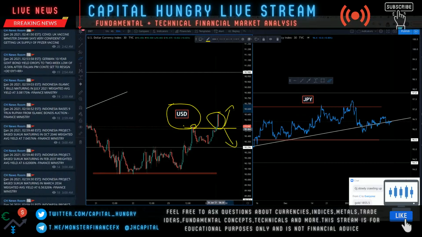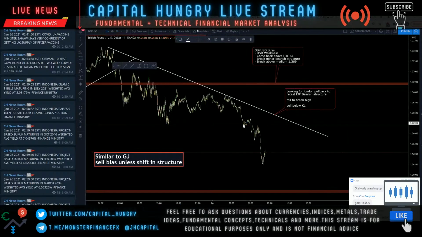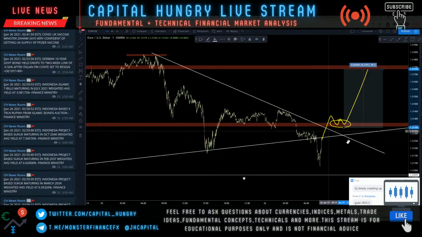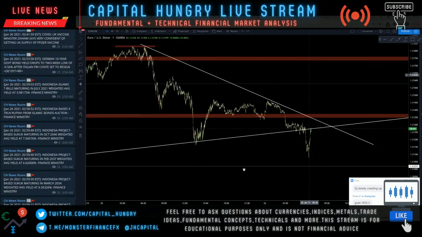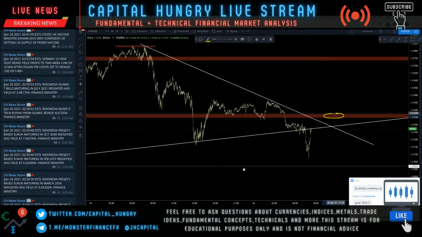But if the dollar snaps back below this range, then it will come back down to revisit these intraday lows. And then, of course, gold will continue up, GU will continue bullish, and EU will also continue bullish. But we're only taking EU buys if we come above here. Otherwise, this is our sell area here if we don't break above here.